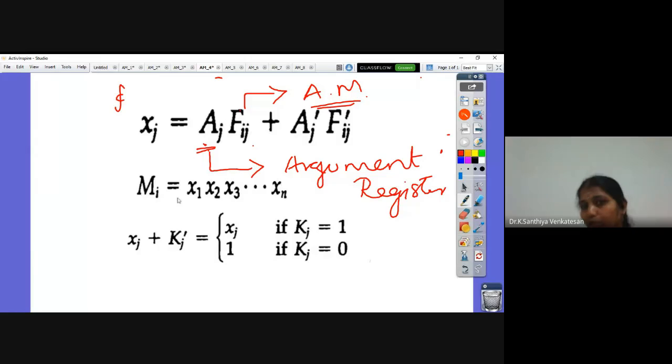Only if both the bits are 1, that is why we have performed the AND operation over here, only then will your xj be set to 1.